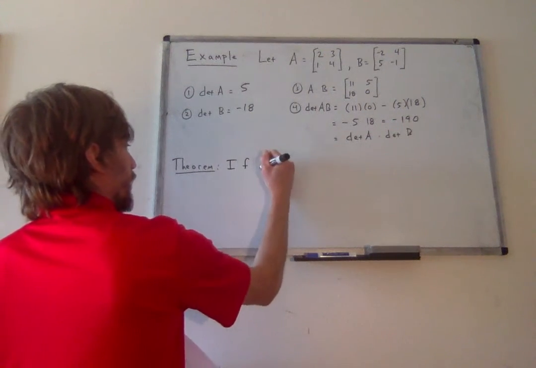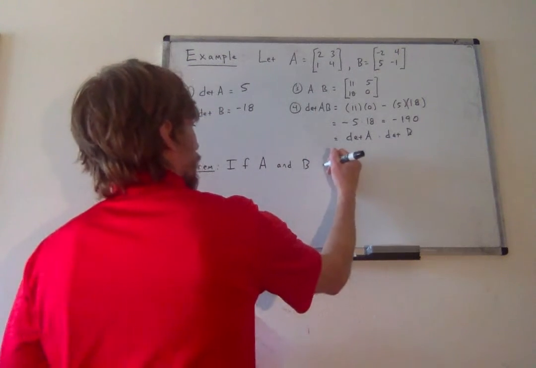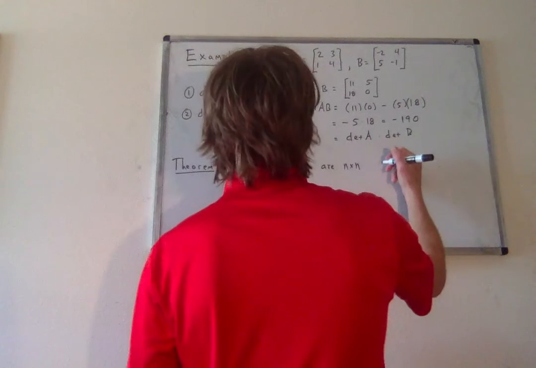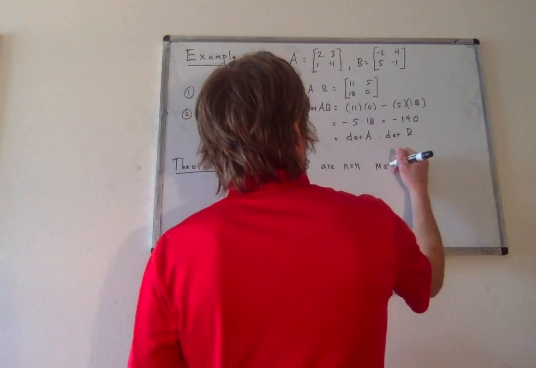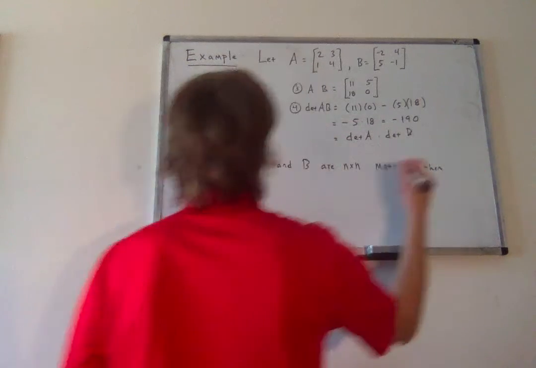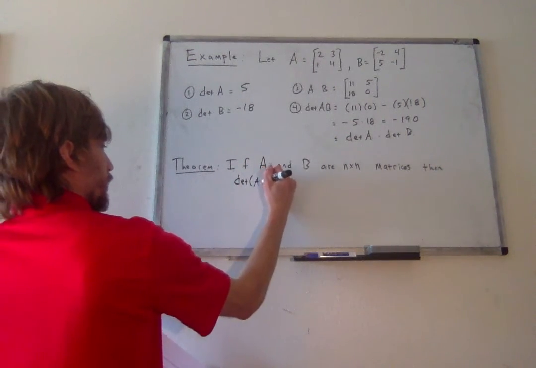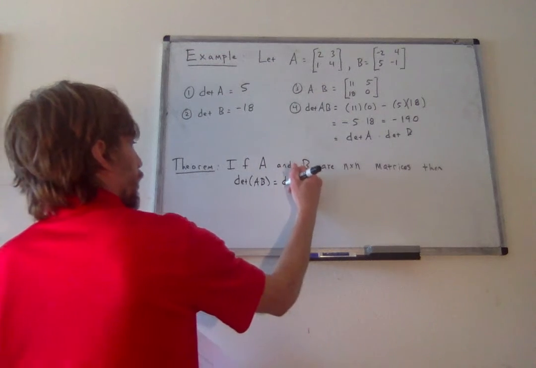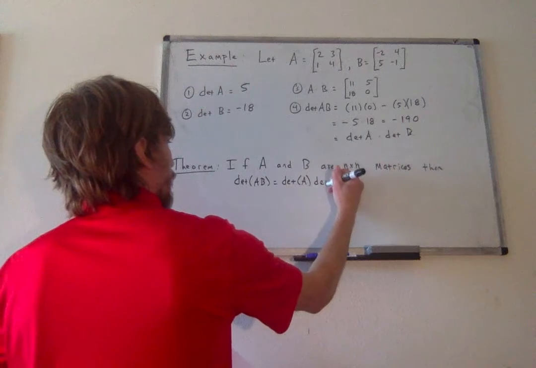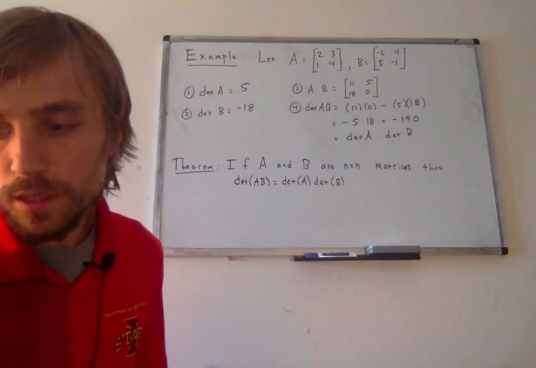I think one of the coolest things we've seen so far, just because it's so surprising in a way. But if A and B are n by n matrices, then the determinant of their product is equal to the product of the determinants. And this is true for every pair of n by n matrices A and B.